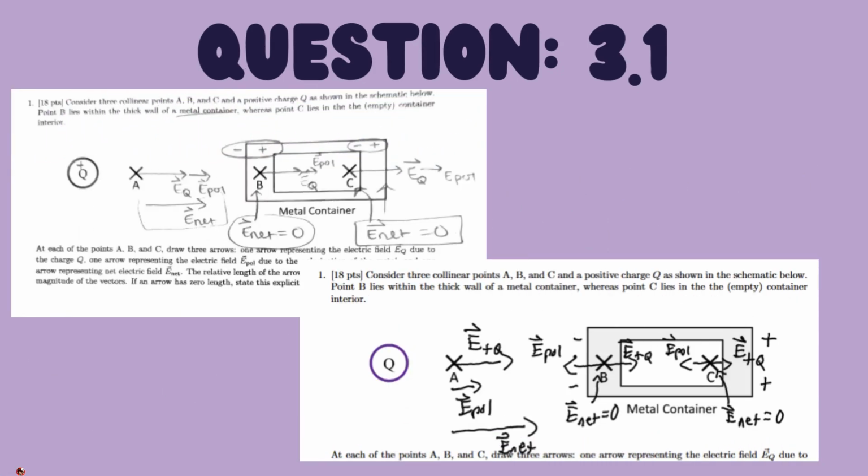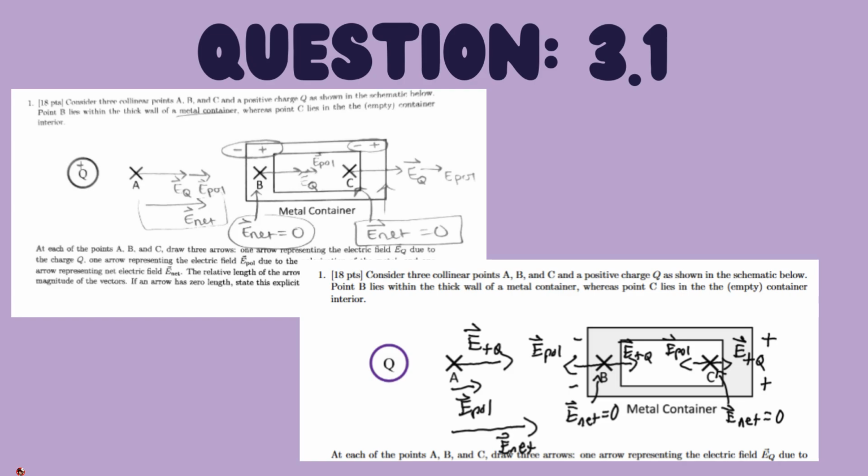Alrighty, so question 3.1 says, consider three collinear points A, B, and C, and a positive charge Q shown in the schematic below. Point B lies within the thick wall of a metal container, whereas point C lies in the empty container interior. So as you can see here on this part, I missed 4 points due to two bad arrows.